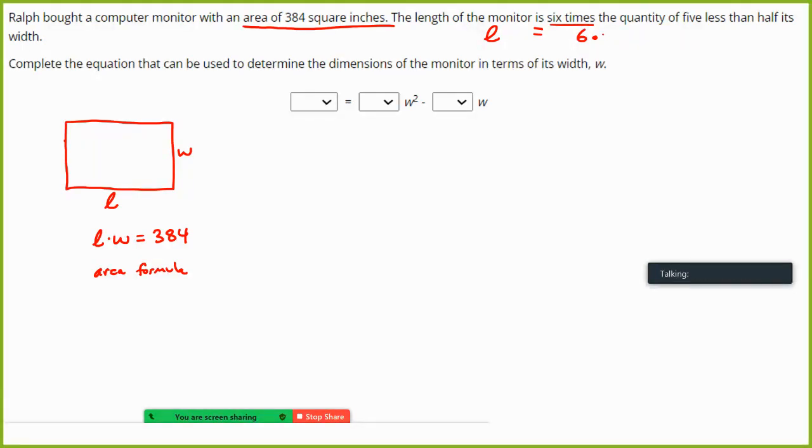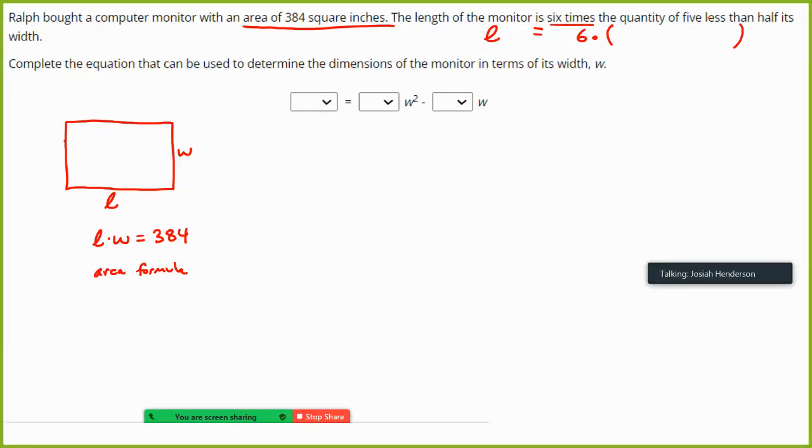Because they're saying it's 6 times the quantity, that's kind of a clue that we want to bundle the next stuff that they say in a parentheses. So I'm going to make a parentheses like this, 6 times my quantity, 6 times that whole number in the parentheses. So what goes in the parentheses? 5 less than half its width.